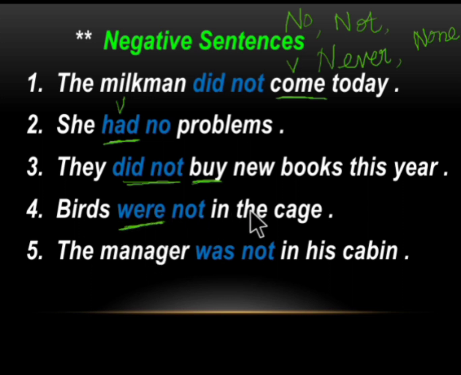Not denotes the negative sense. The manager was not in his cabin. So this is again stating the state of being and not shows the negative sense. So these are a few examples for negative sentences.